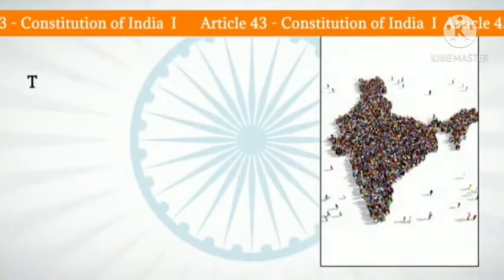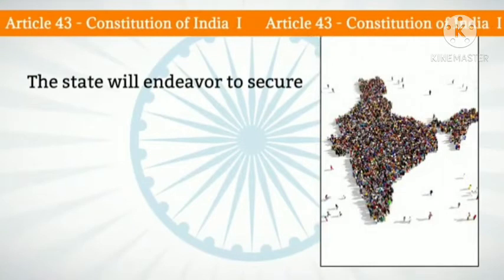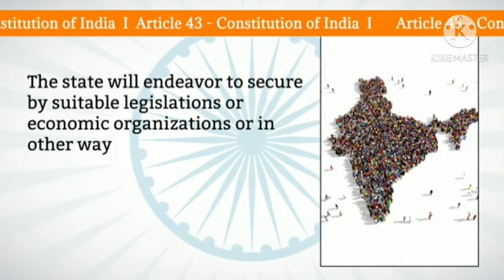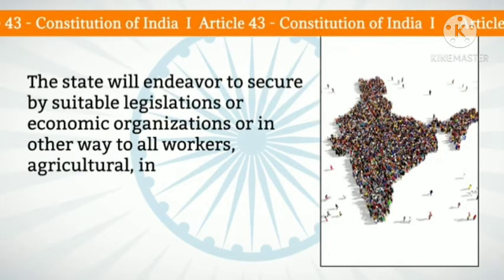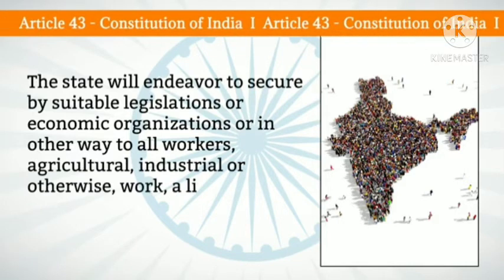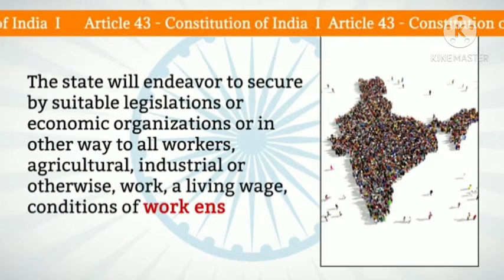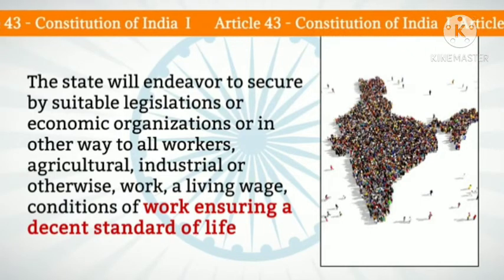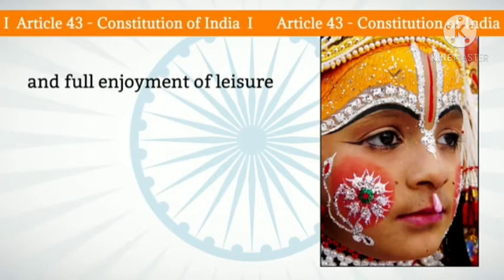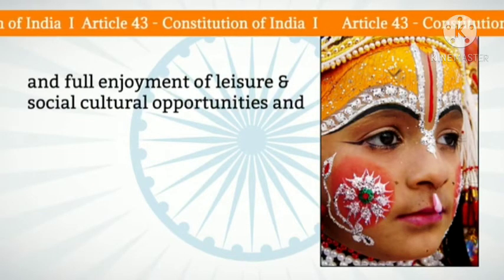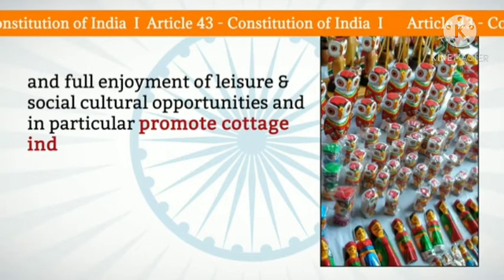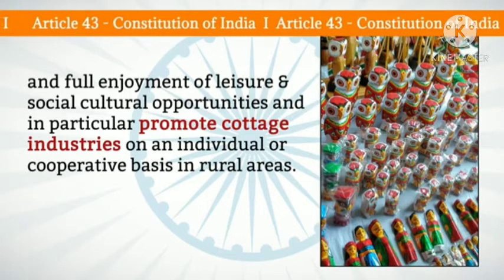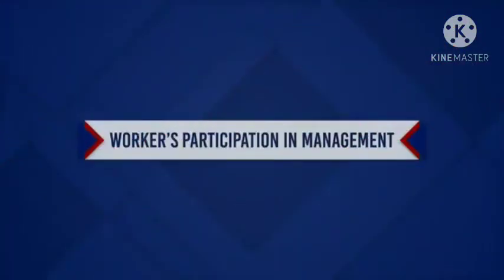Article 43: the state will endeavor to secure by suitable legislation or economic organization or in any other way to all workers, agricultural, industrial or otherwise, a living wage, conditions of work ensuring a decent standard of life and full enjoyment of leisure and social and cultural opportunities, and in particular promote cottage industries on an individual or cooperative basis in rural areas.